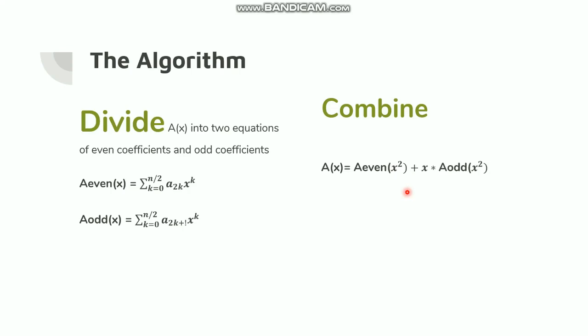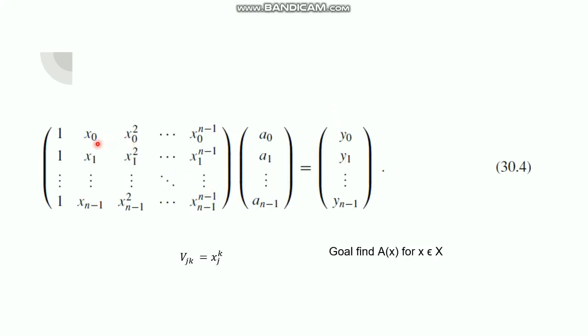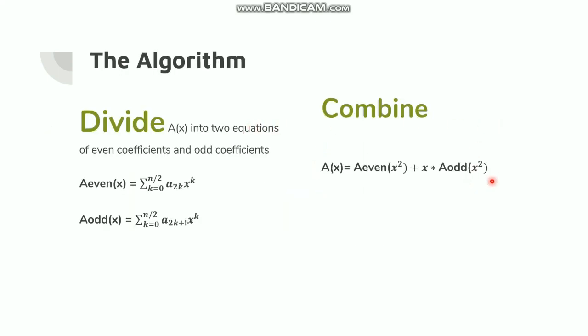So we will input the value for A even of x squared, so that x to the k would be 0, 2, 4, 6, and 8 here. And do the same for odd, except for odd, we multiply an additional x here.